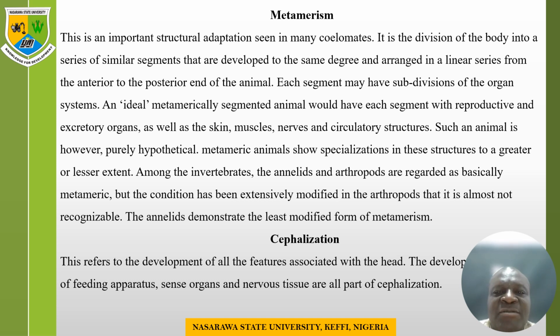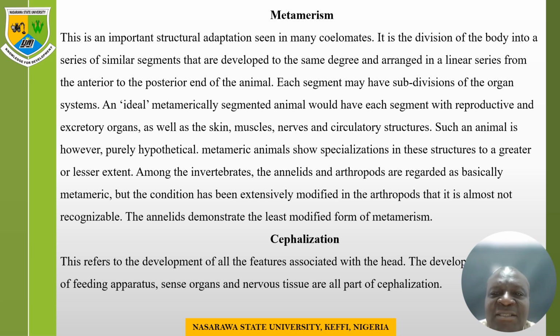Most coelomate organisms are linear in series, and as we go further, we'll see so many examples. Most of them seem to be segmented, and each of these segments may have a subdivision of an organ, which is an ideal metamerically segmented animal.